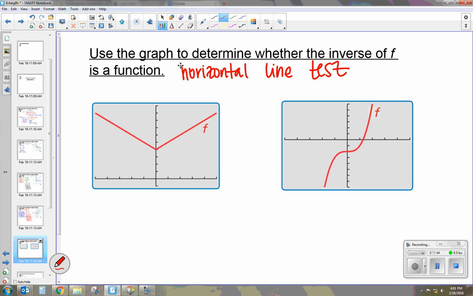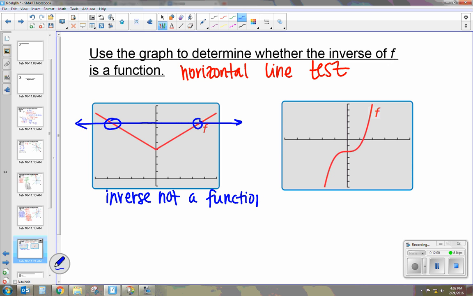So we're going to draw a horizontal line, and if it hits this line more than once, the inverse is not a function. And if you draw a horizontal line and it only hits it once, the inverse is a function. So it's a kind of a quick trick to figure out if the inverse is a function or not.